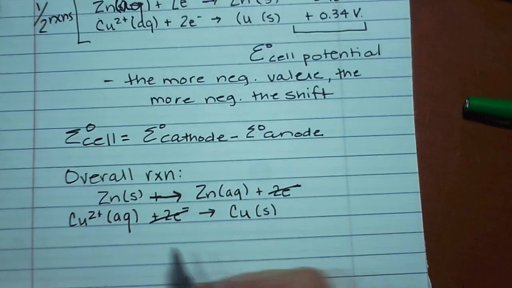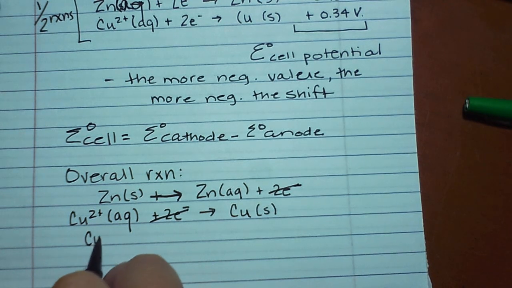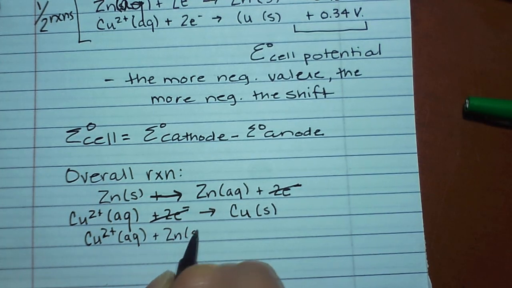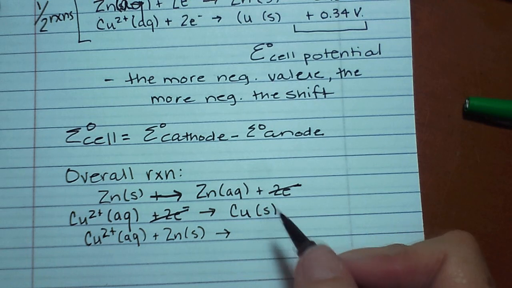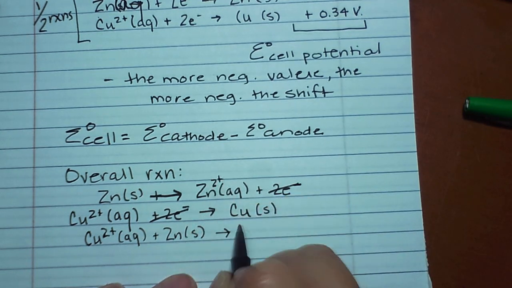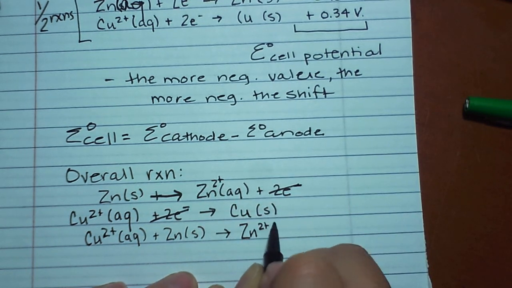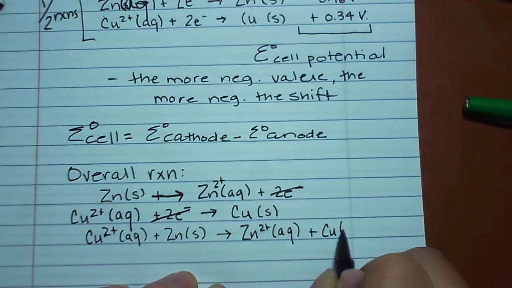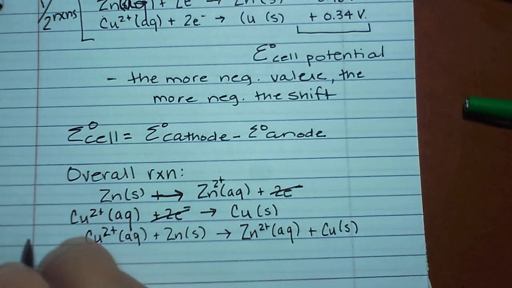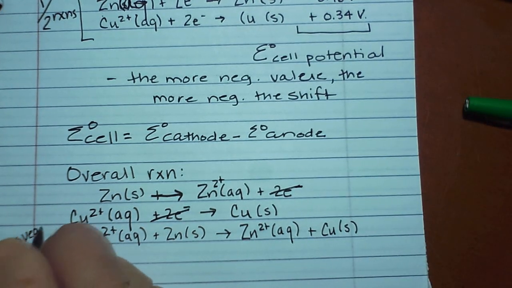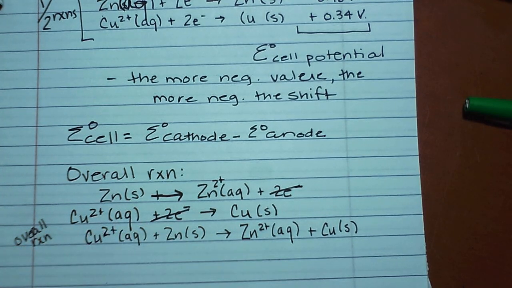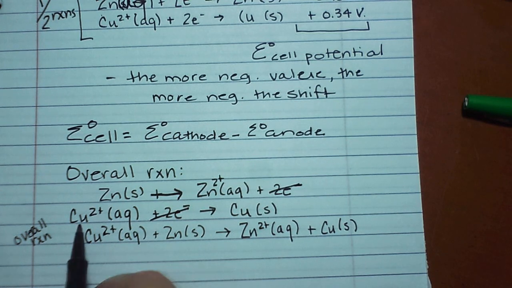And when I do that, I get copper 2+ aqueous plus zinc solid yields zinc 2+ aqueous plus copper solid. That is my overall reaction for this battery. Okay?